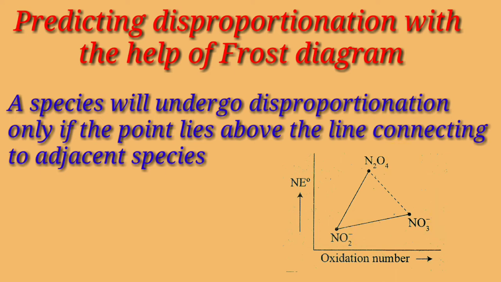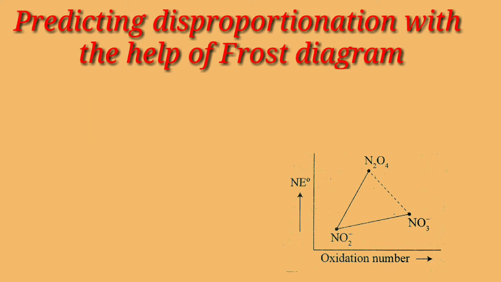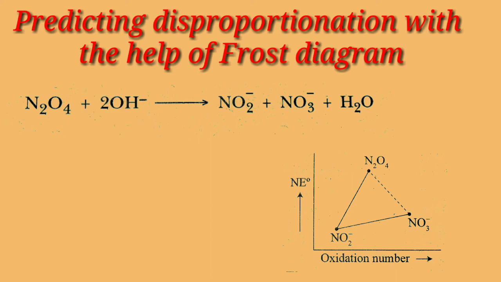Therefore, it is unstable with respect to disproportionation. Disproportionation takes place as under. N2O4 gives you NO2- plus NO3-. Nitrogen atoms are balanced on both the sides, so now we need to balance oxygen atom. So we need to add one water molecule on RHS and twice of hydroxide ion on the opposite side.